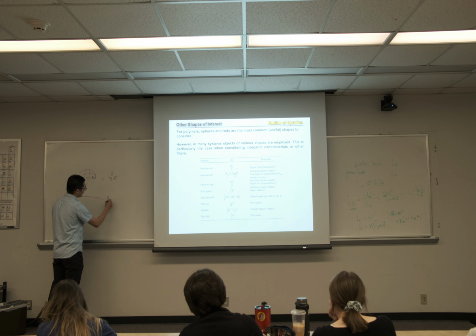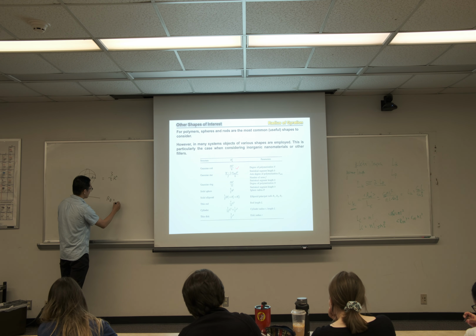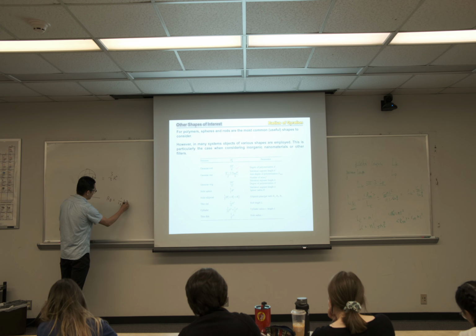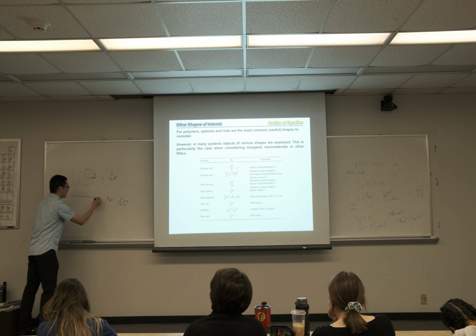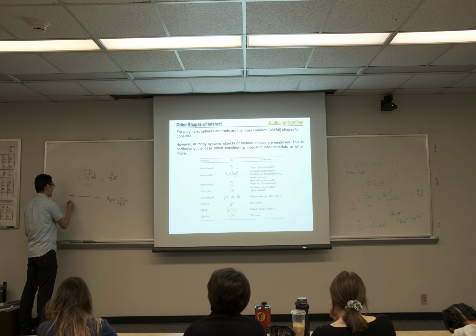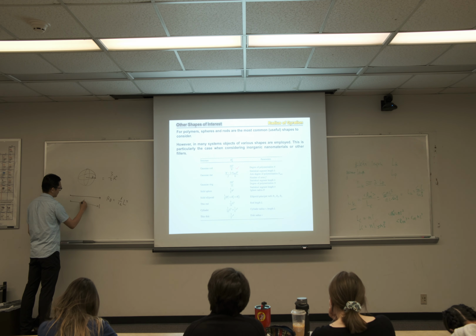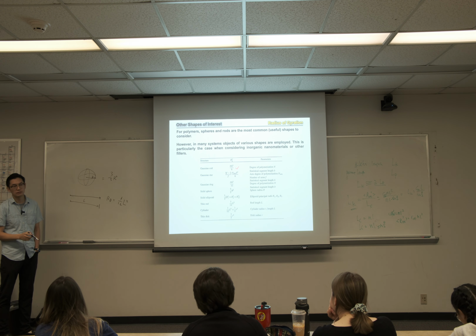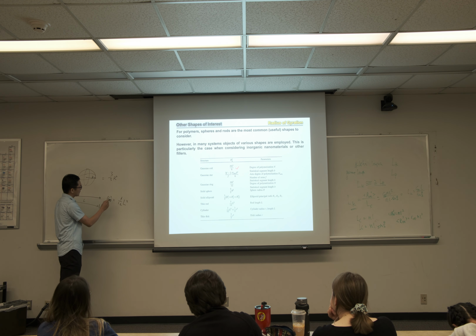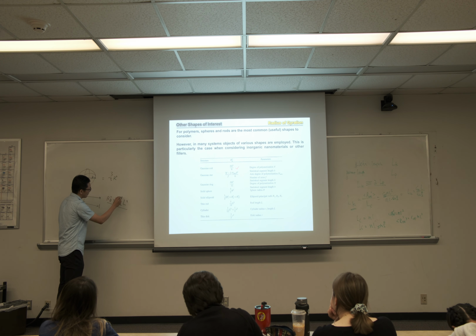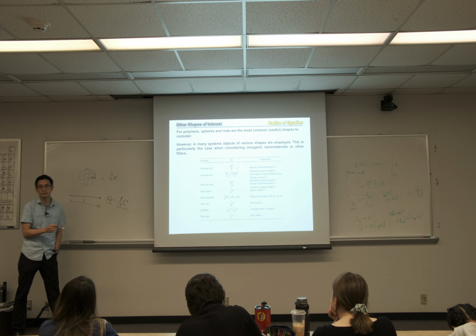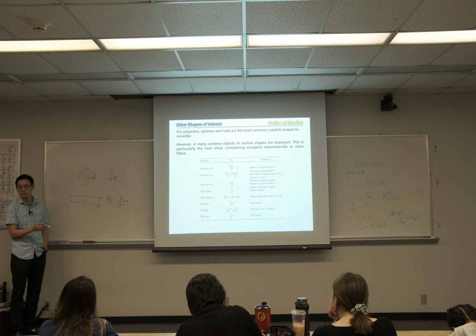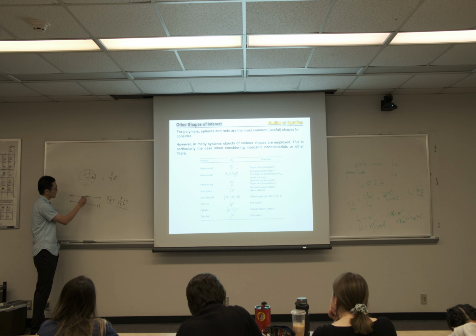The rod has a length of L, so this would be the radius of gyration. RG square, sorry, I missed the square. RG square will be equal to 1/12 of the length squared.